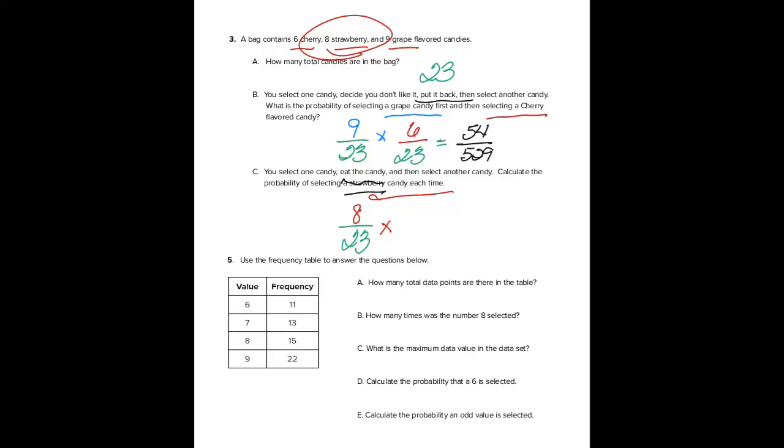Okay? So if I had strawberry, I would now have 1 less candy to choose from, which means I only have a total of 22. And if I did get that strawberry, which I'm assuming I did, that means I only have 7 strawberry candies left.